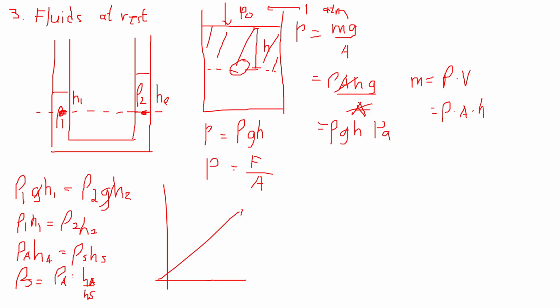Oh, okay. So we take rho A as 1 gram per centimeter cubed. So this is basically 1. We don't have to write this. So we'll just get this, which is equal to the gradient if we graph it with h A over h S, I think.